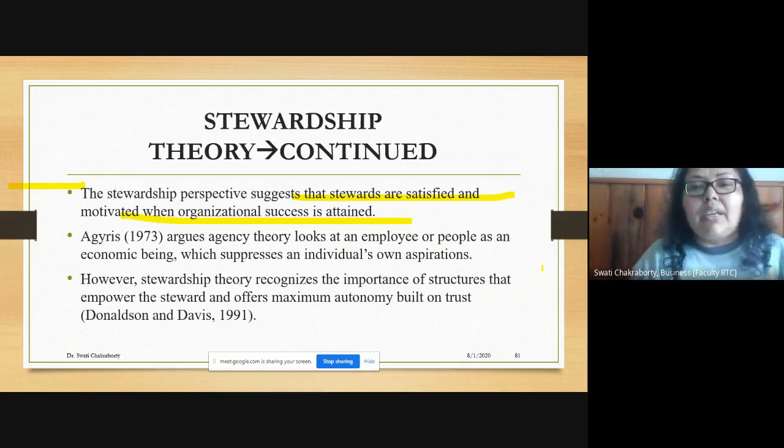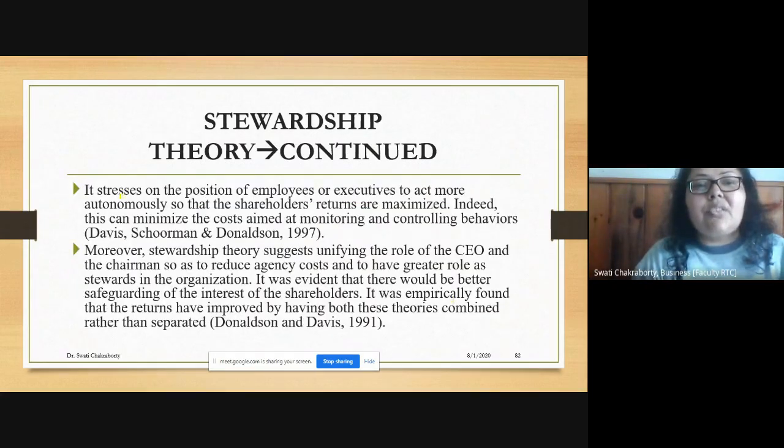Okay. What also, when we talk of stewardship theory, it also talks about the position of employees and executives, right? To act more autonomously so that the shareholders' returns are maximized.